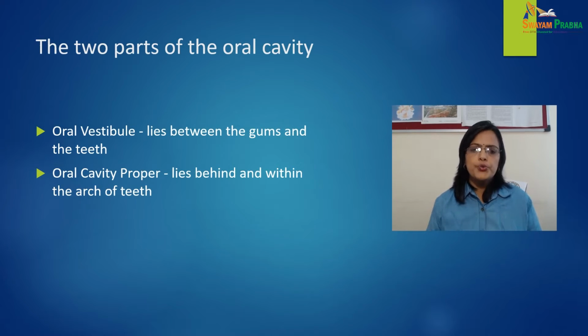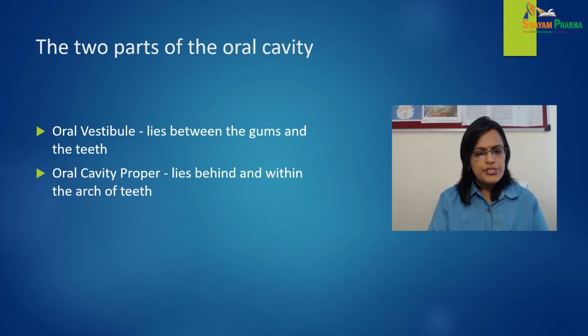There are two parts of the oral cavity: the oral vestibule and the oral cavity proper. The oral vestibule lies between the gums and the teeth, and the oral cavity proper lies behind and within the arc of the teeth.